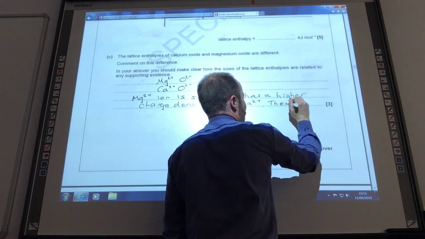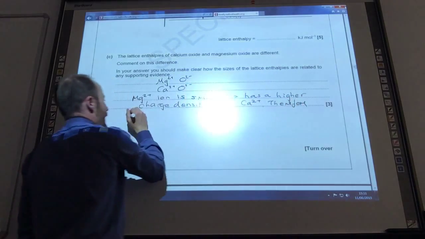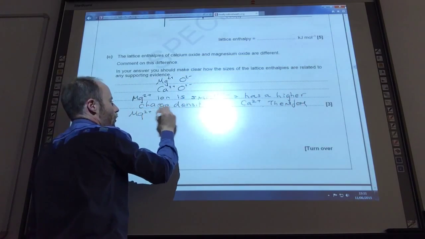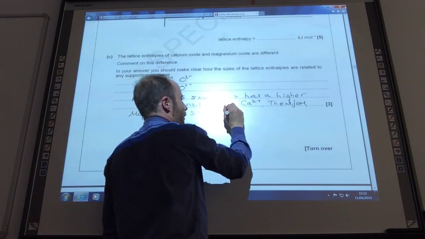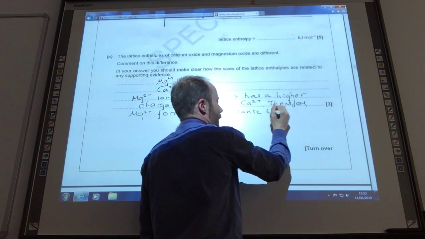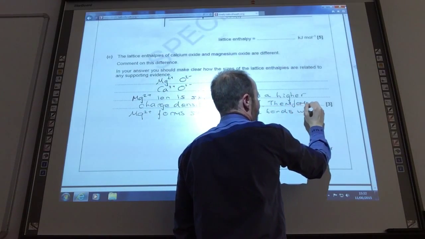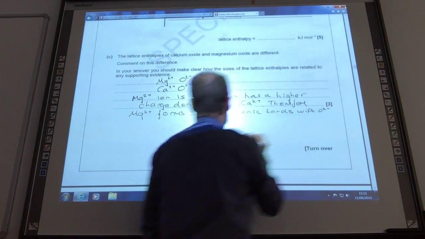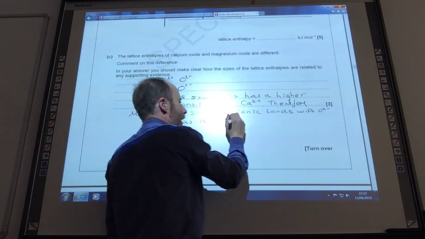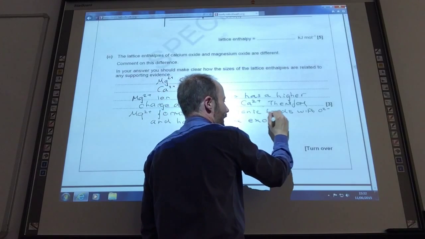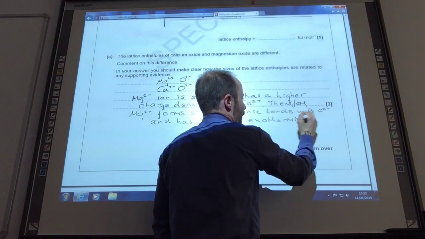Therefore, Mg2 plus forms stronger ionic bonds with O2 minus and has a more exothermic lattice enthalpy.